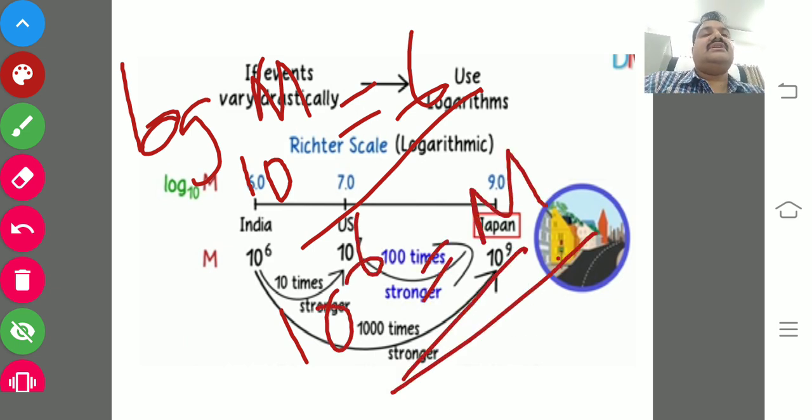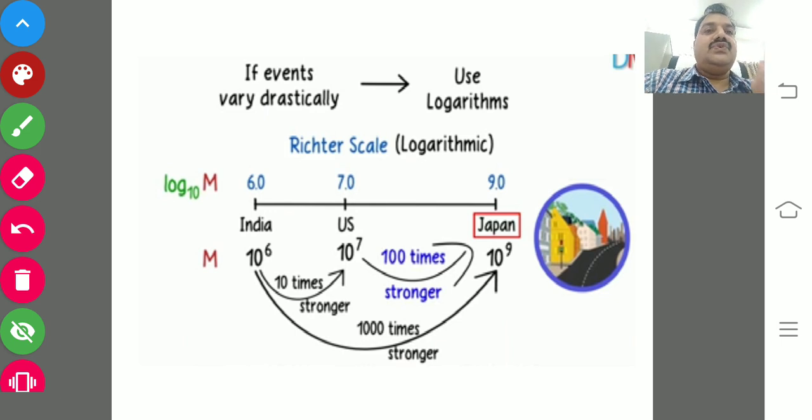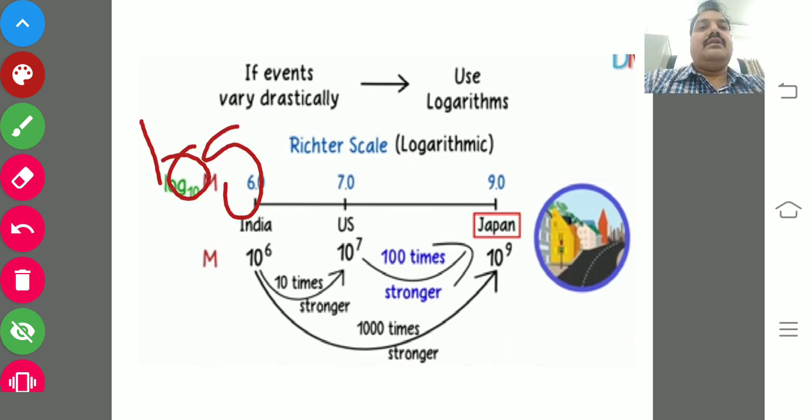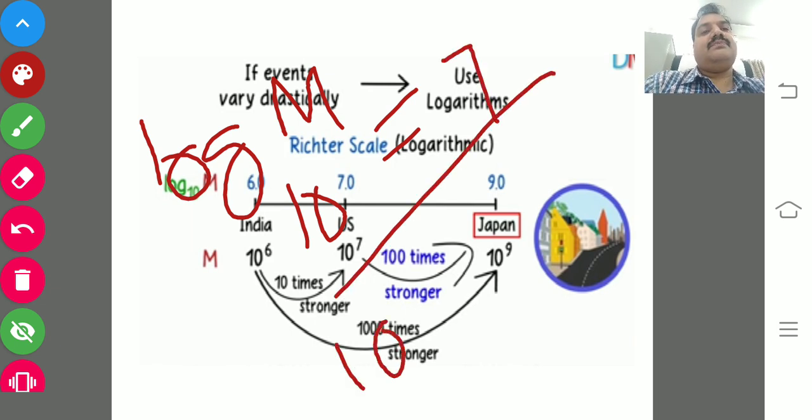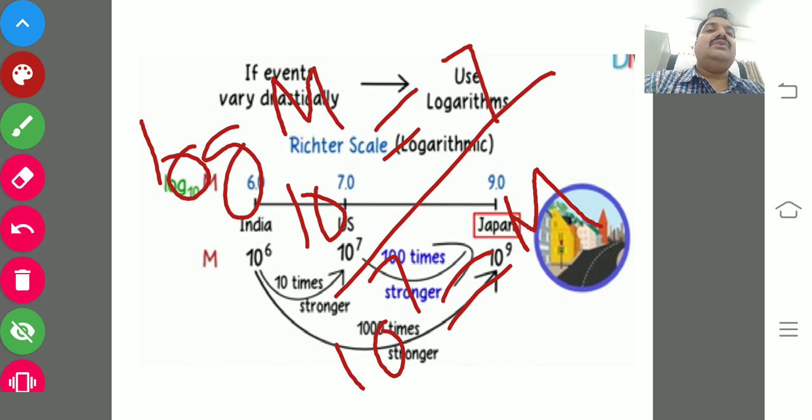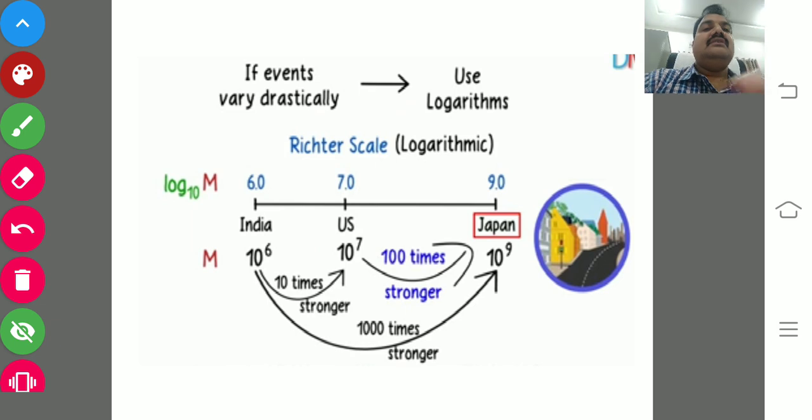In India 10 power 6 was recorded: the general scale value 6 converted into the logarithmic scale gives m equal to 10 power 6. Like that, in US, log m base 10 equals 7, so 10 power 7 equals m. In the general scale it is 7, but with logarithm you get 10 power 7 in US.